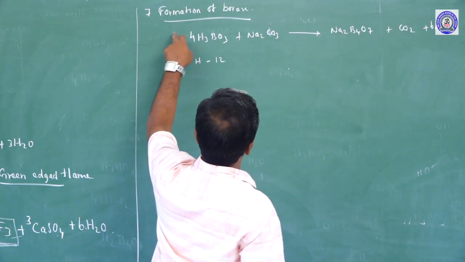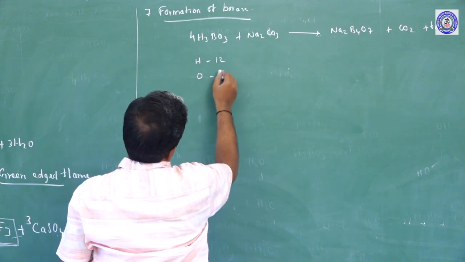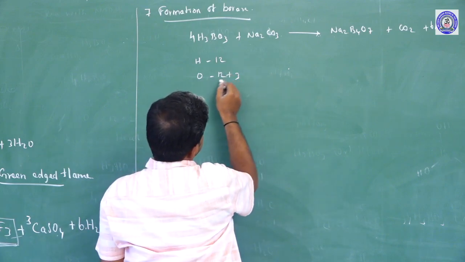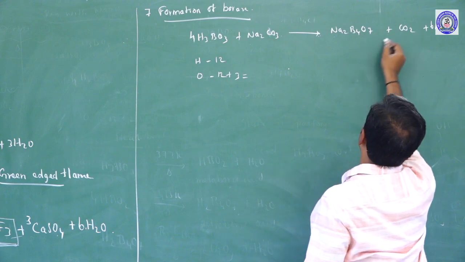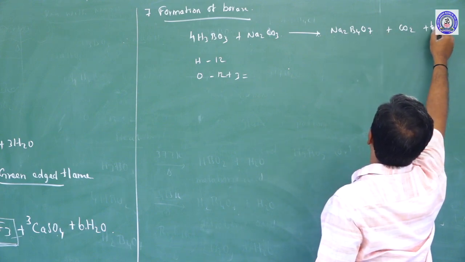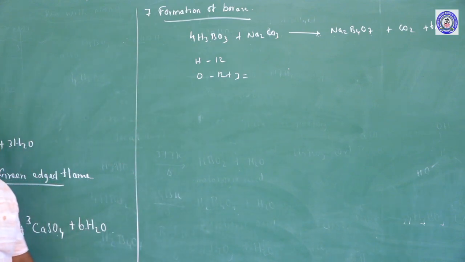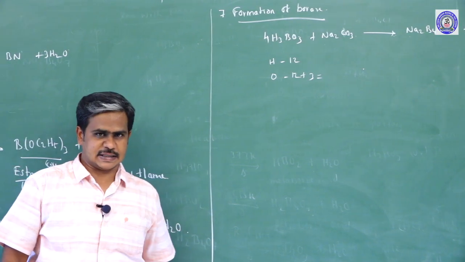And oxygen, here 4 into 3 is 12, plus 3, so it is 15 oxygen. On the other side, oxygen 7, 8, 9, 10, 15, so it is balanced. So these are the chemical properties of boric acid.